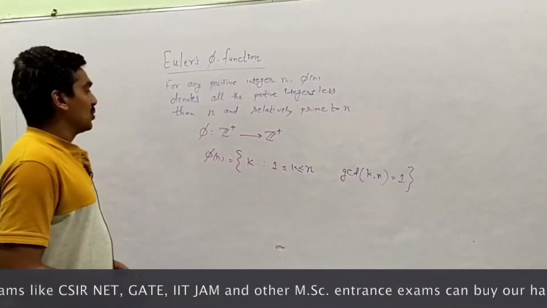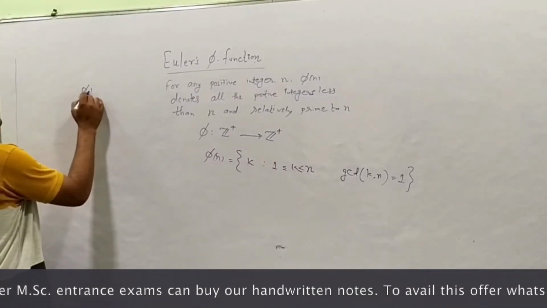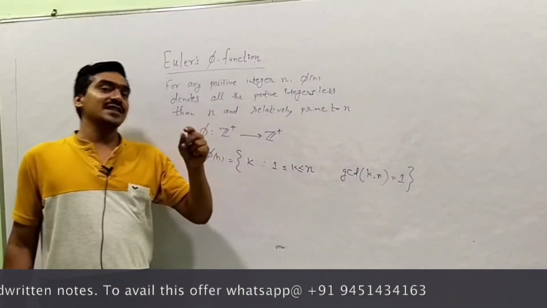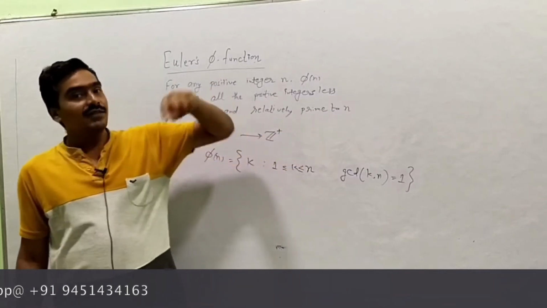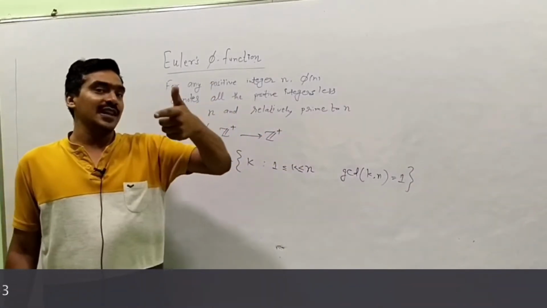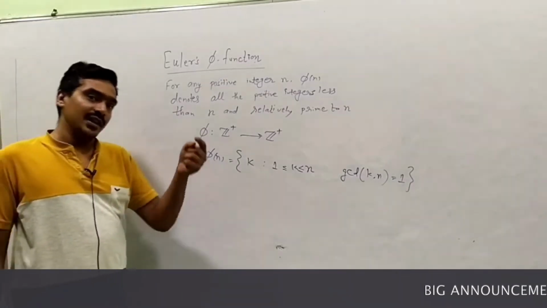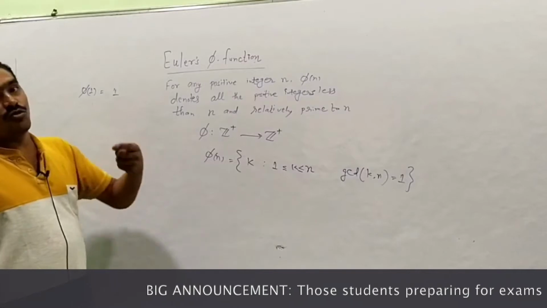So for example, what is phi 1? According to the definition, all those positive integers less than or equal to 1 and relatively prime to 1: 1 itself, and 1 is co-prime to 1.